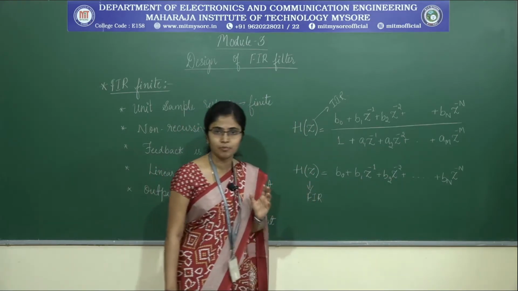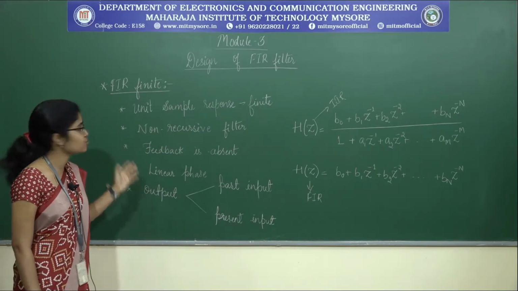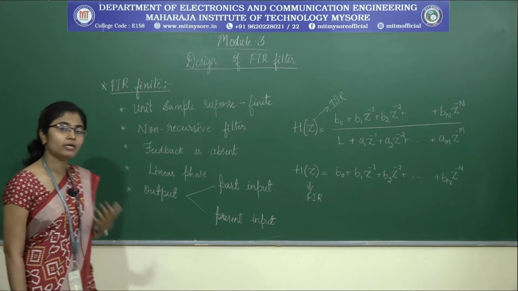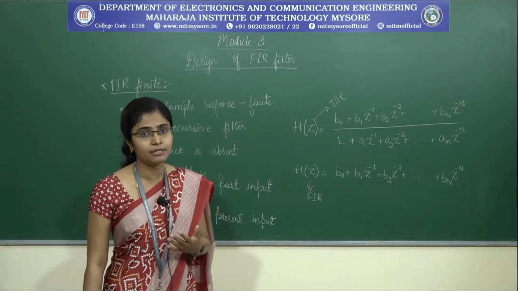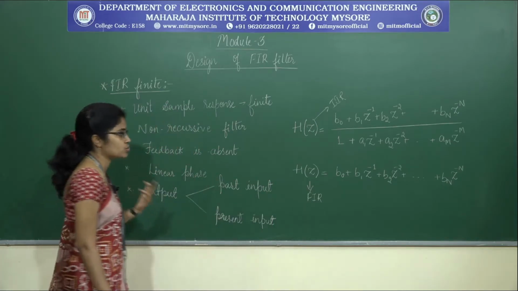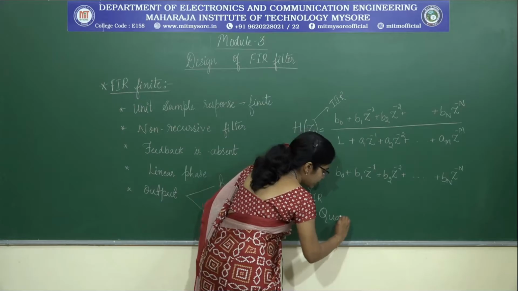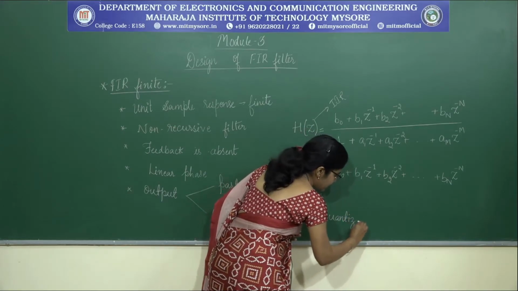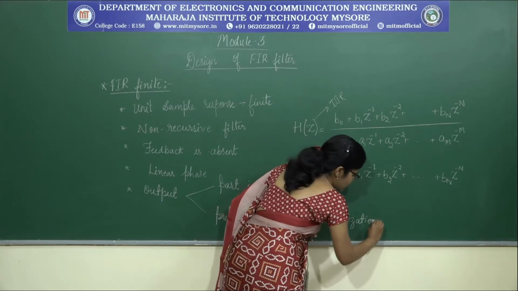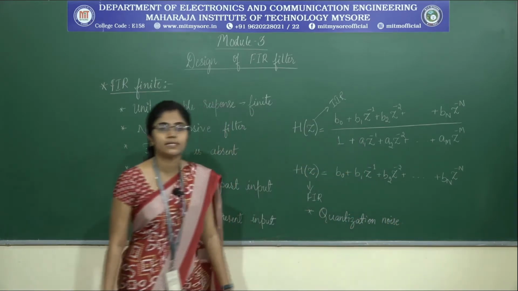This is one of the important things. These are all the characteristics of FIR filter. FIR filter also avoids or removes quantization noise, so it reduces the quantization noise present in the signal.